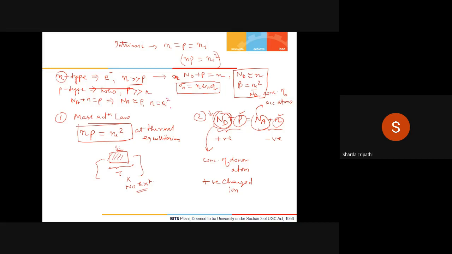So this will be equal to Ni square divided by Na. How about the conductivity for P-type semiconductor? This will be sigma P equal to N ki jagah P, mu N ki jagah mu P, and Q remains as it is.